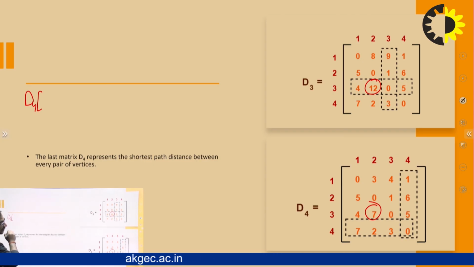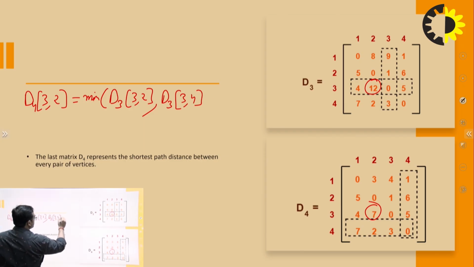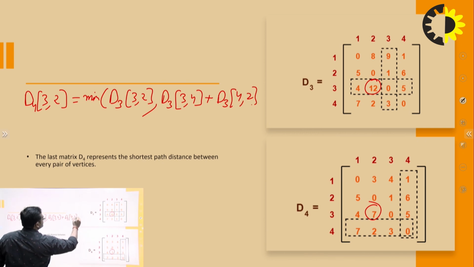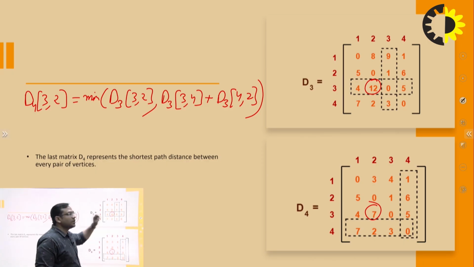I am calculating D4[3][2] equal to the minimum of the previous matrix, that is D3[3][2], comma, D3[3][4] plus D3[4][2], where 4 is the in-between vertex. D3[3][2] is 12.